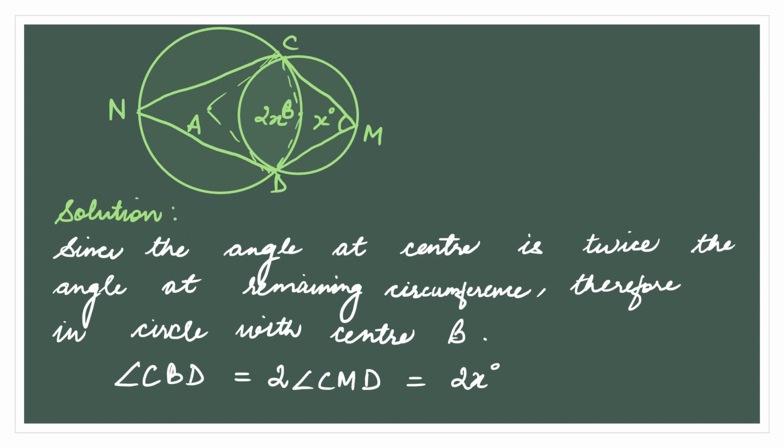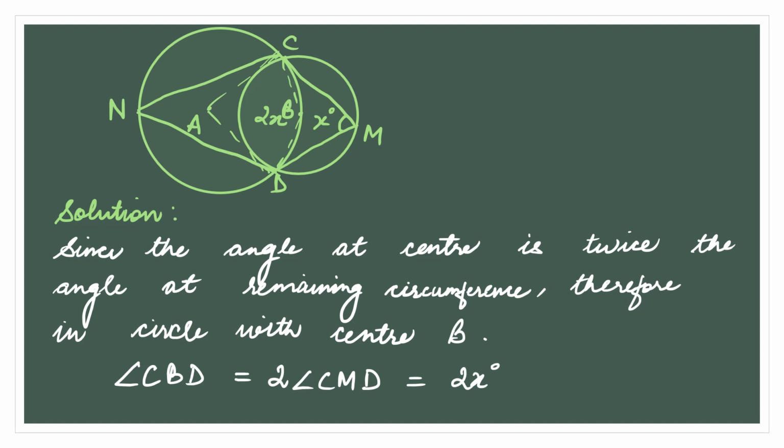Now children, if you see here, what we have to find out: first, angle CMD is equal to x degrees, and angle CBD is equal to 2x degrees, because the angle formed at the center is equal to twice the angle formed at the circumference.